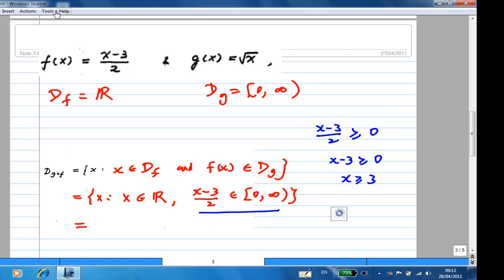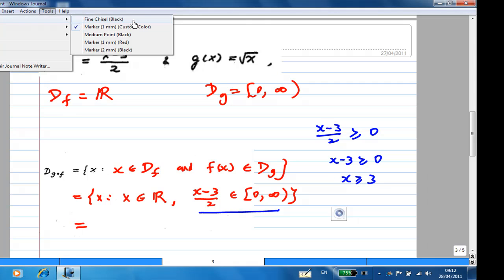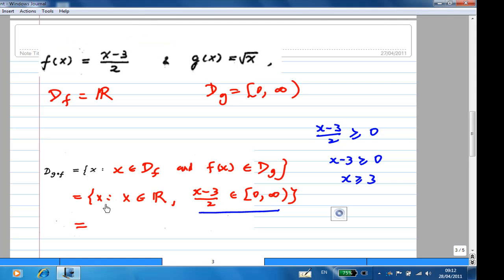Therefore, you can simplify: x belongs to R and x must be greater than or equal to 3. So this becomes the interval from 3 to infinity, right?